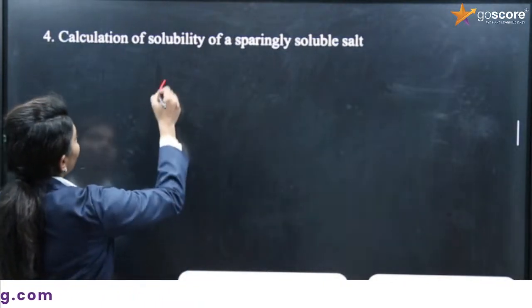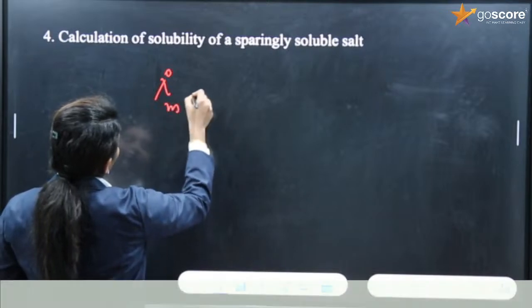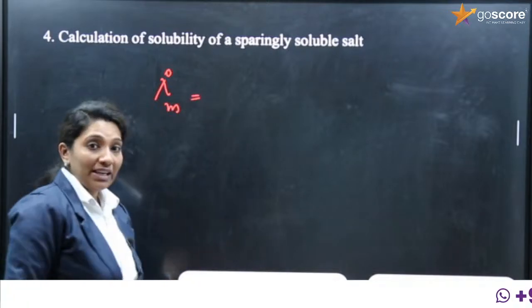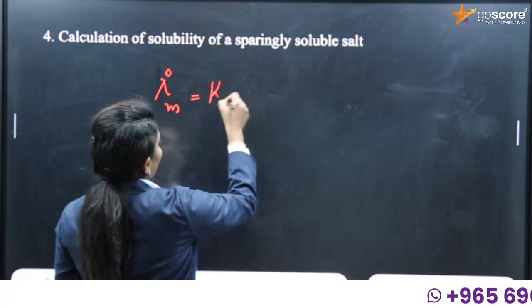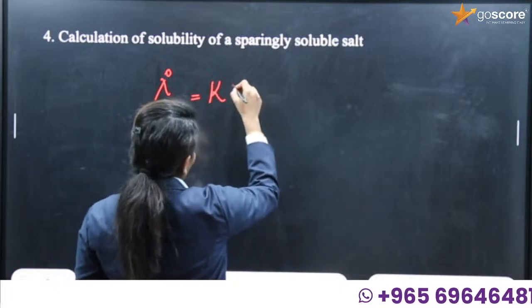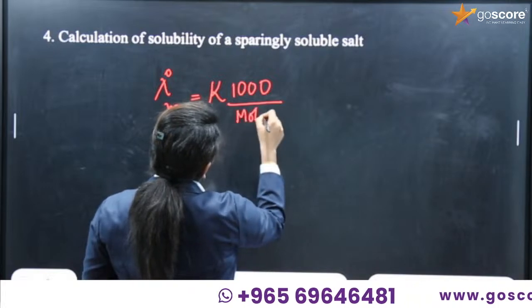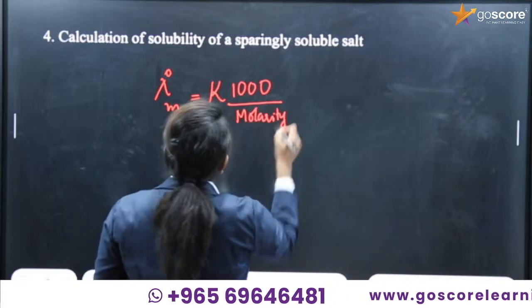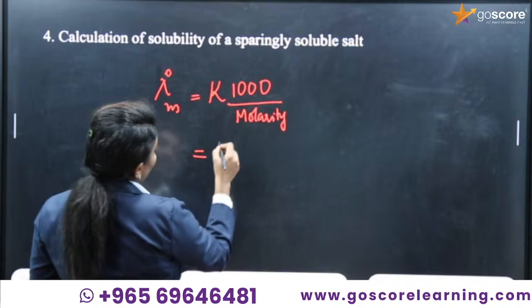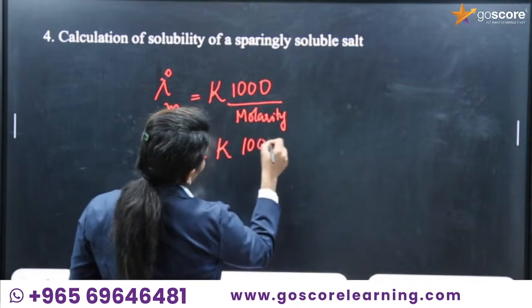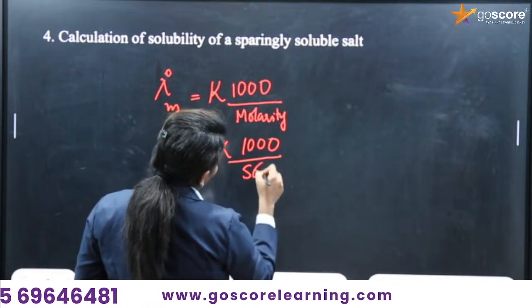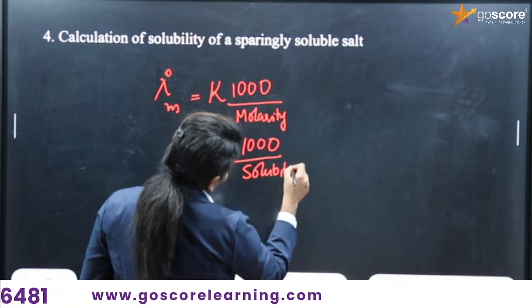There, the limiting molar conductivity lambda m value will be equal to kappa, the specific conductivity, into 1000 divided by molarity, right? That we can rewrite as kappa into 1000 divided by solubility.